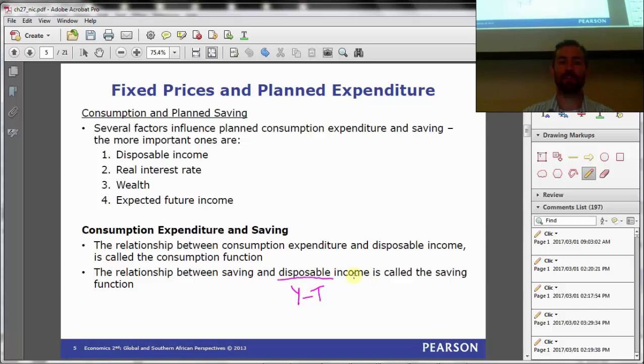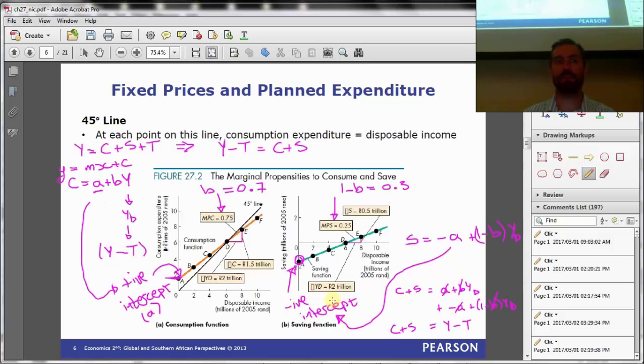We're going to focus on disposable income for the moment. Disposable income just means income minus taxes. So we started with the idea of a consumption function, meaning that consumption varies with income, which means that it is an induced variable.